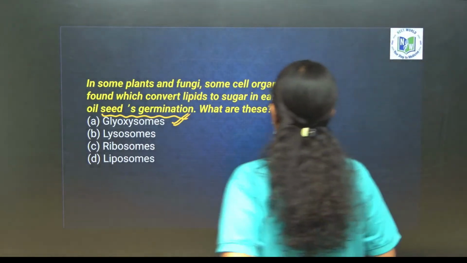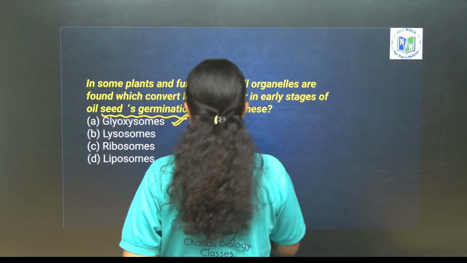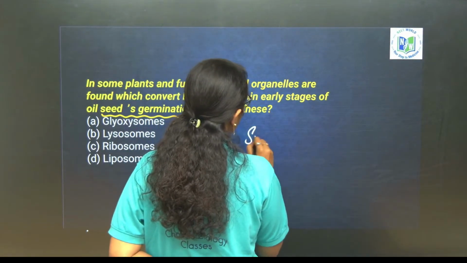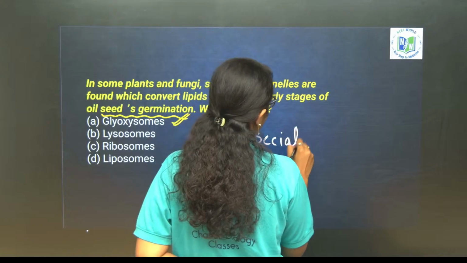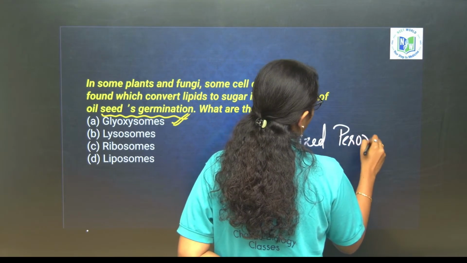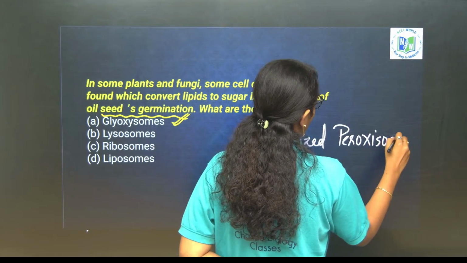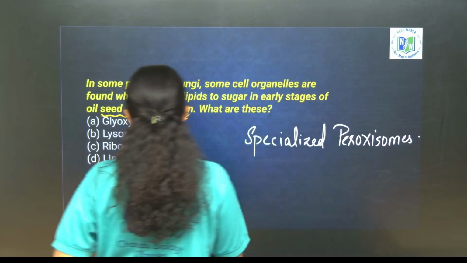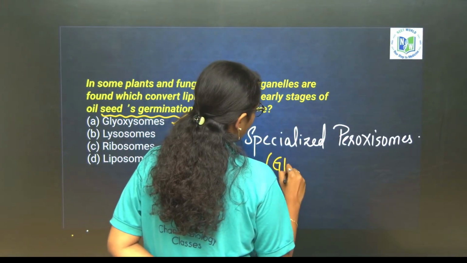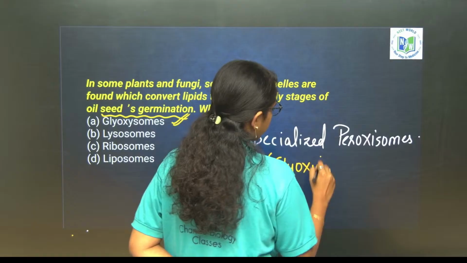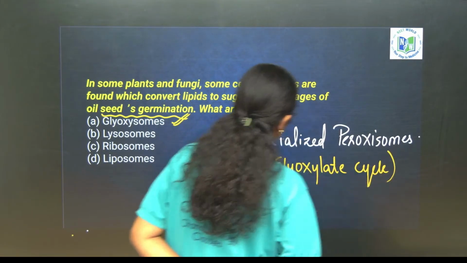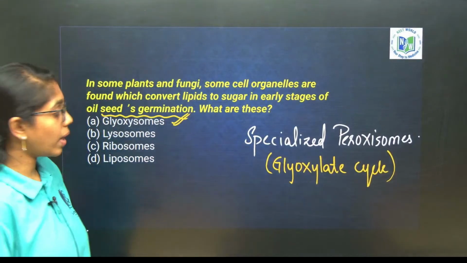So here if you see, ma, what are glyoxysomes? Glyoxysomes are specialized peroxisomes in which the glyoxylate cycle is operated, wherein through this glyoxylate cycle what happens?